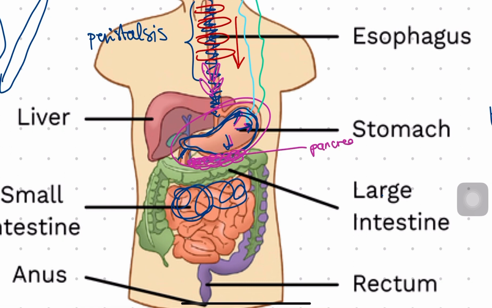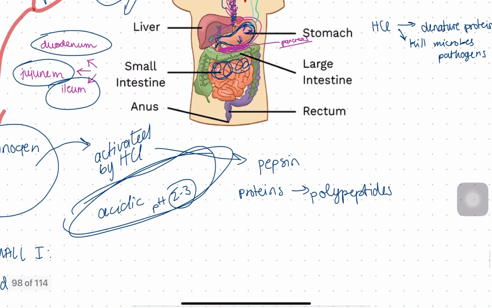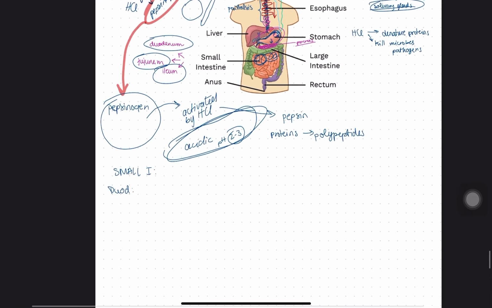What's going to happen is that the pancreas is going to secrete pancreatic juices. The pancreatic juices consist of enzymes and other things.